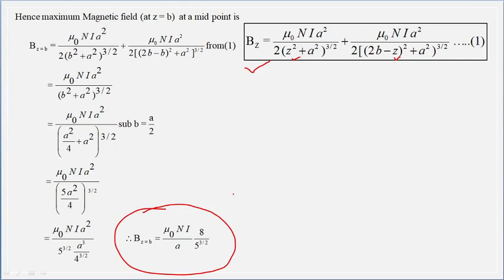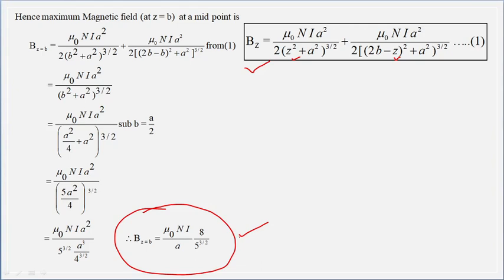Then the magnetic field at this point will be equal to this. Actually, you can calculate that: mu naught N I, you know the number of turns. In both the coils, we keep the same number of turns, current, radius, and 8 by 5 raised to 3 by 2. In fact, you can calculate that magnetic field. So you can design the Helmholtz coil to produce one particular field, whatever you require.